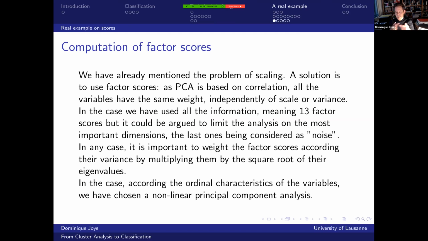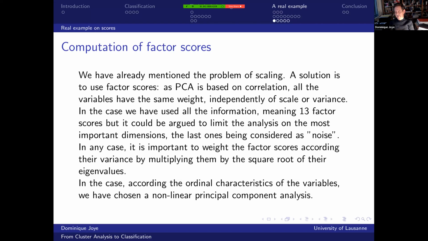Because you have a big impact of the scale of the variable, and the scale will be very different for an activity that you do daily and one that you do much less often. So an idea could be to do a factor analysis, take the scores of this factor analysis, and from these factor scores compute the variables for the analysis.